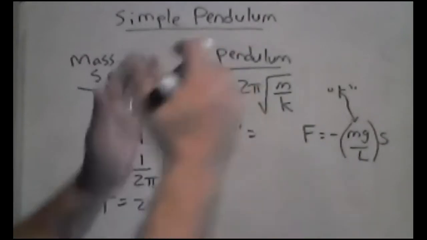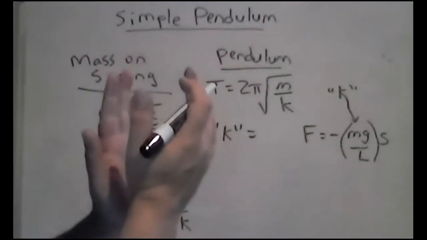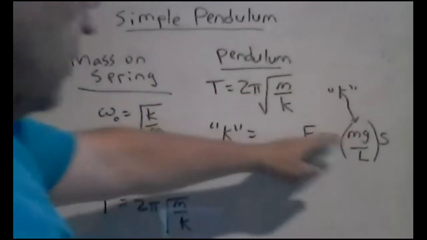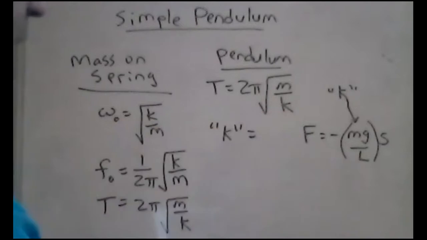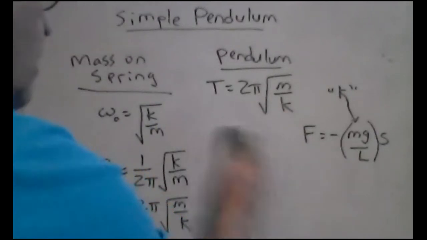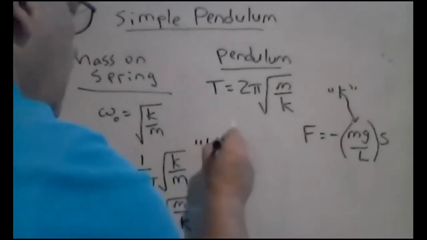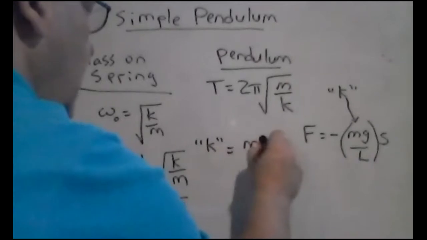What I define as the k in my problem is absolutely mathematically equivalent. So I can literally stick this in here and figure out what the period of a pendulum is. So my k for my pendulum is mg over L.